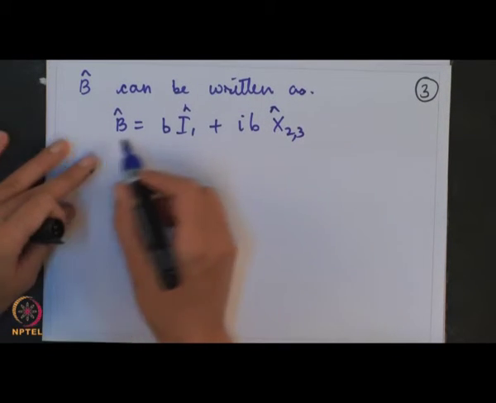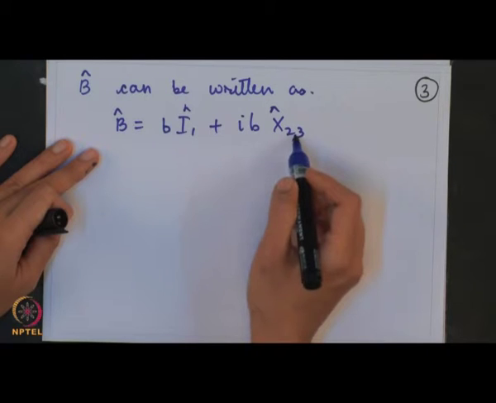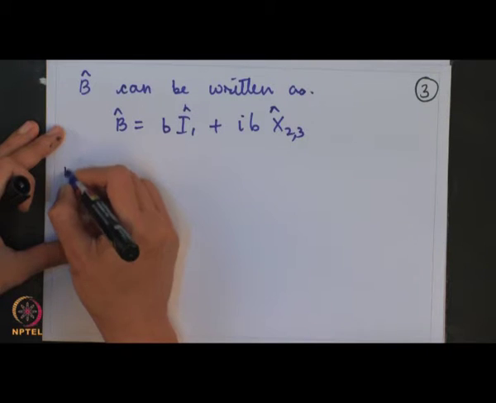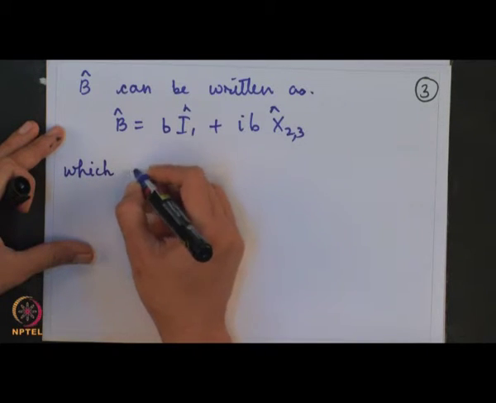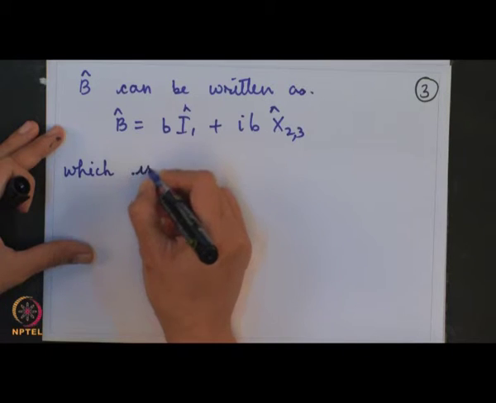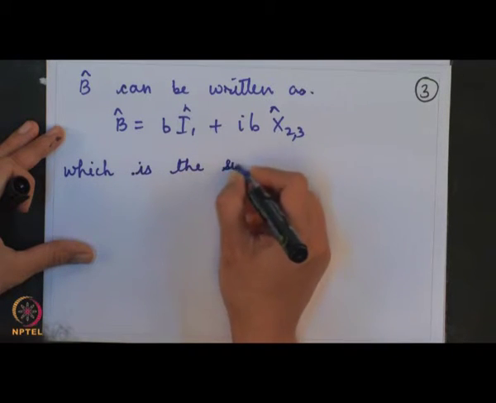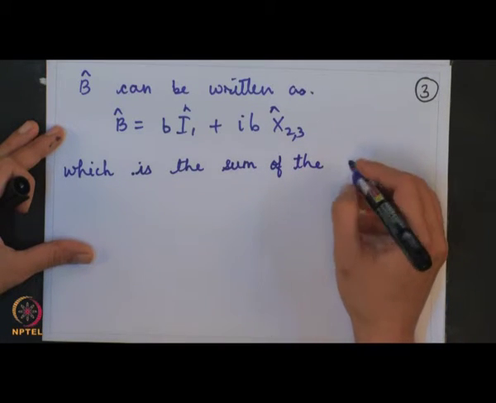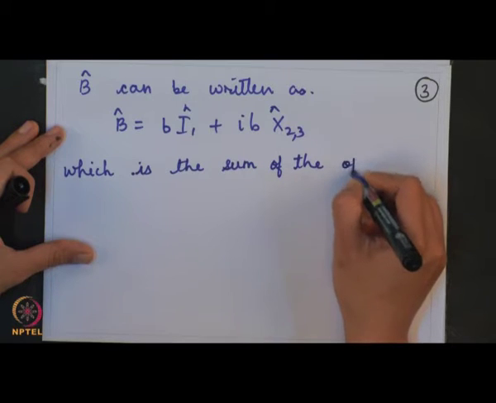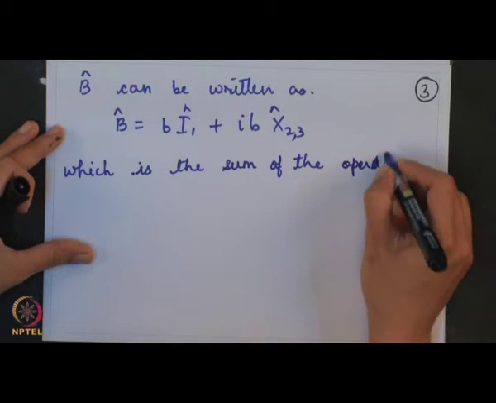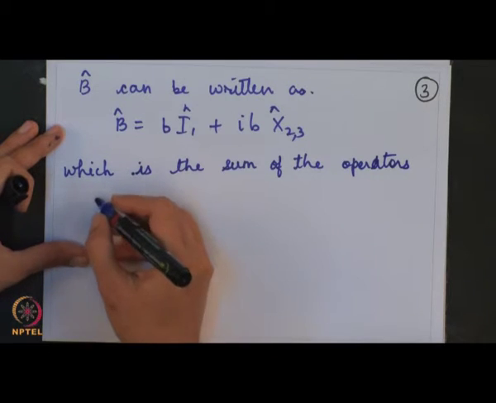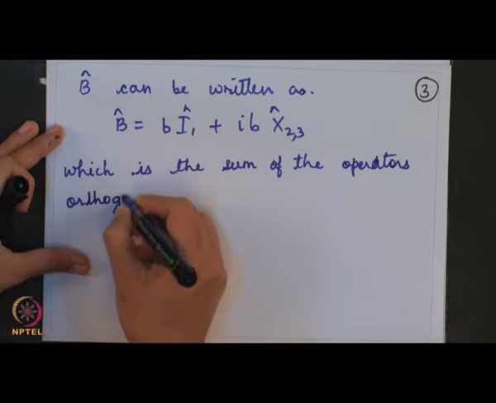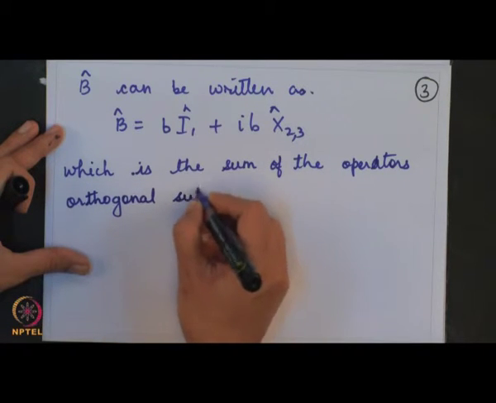This can be written as B times the identity plus the new operator, which forms the sum of operators acting on orthogonal subspaces.